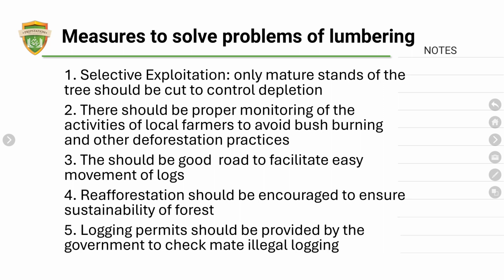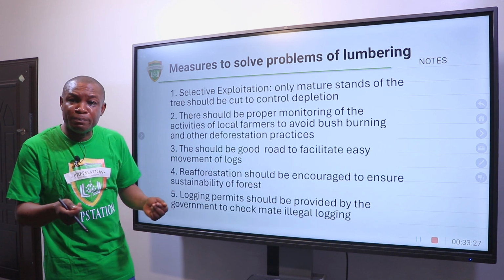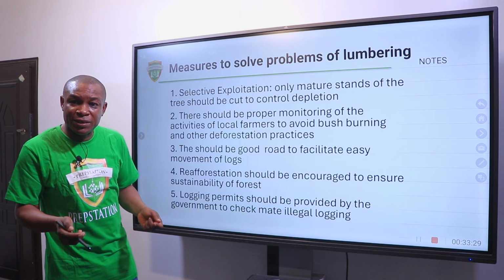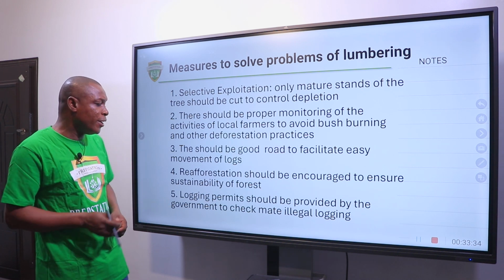There should be provision of good roads to facilitate easy movement of the logs, and reforestation. Remember, when you cut down one tree, you have to plant as many as possible. This is called reforestation or replanting. Logging permits: the government should grant permits to check the activities of illegal lumbermen or loggers.